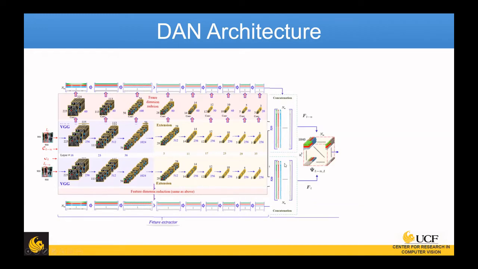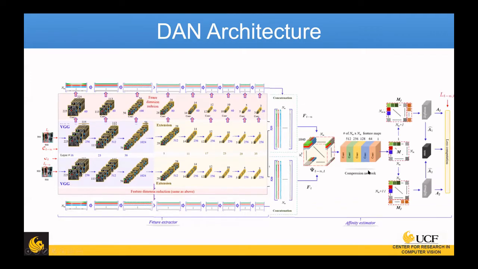And the way we get the cube is we take the green one from the first frame and try to match it with the green one, the red one, the blue one, all these, and that's what we have here. And we'll take the red one again and match like that. So given this cube, we'll have this compression network, additional feature layers, and then we will come up with the affinity matrix.